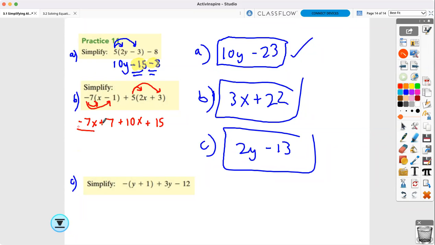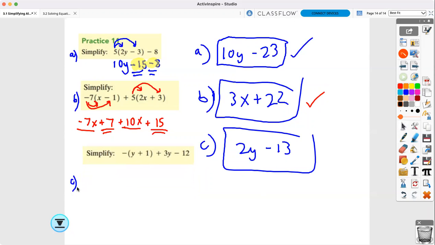I'm going to combine the -7x with the 10x. You owe me 7, but you put in 10. You give me 10, so you're going to have $3 back in change, so we have 3x. And then we combine the 7 with the 15 because they're both constants and both positive, so we just add them, giving us 3x plus 22. That's correct.